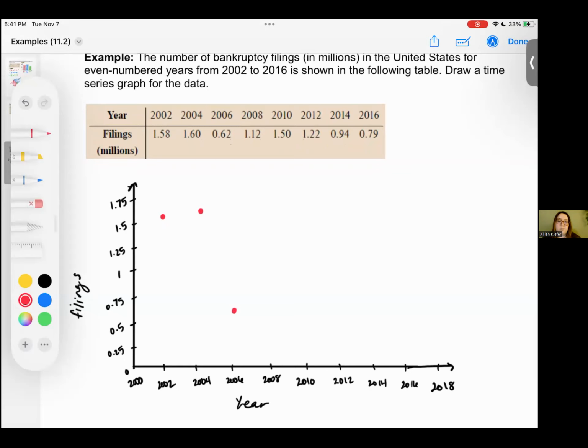Then in 2008, we have 1.12, so probably between 1 and 1.25. So right around here. Then we have 1.5 exactly in 2010, so we want to line that one up as best as we can. Then we have 1.22 in 2012, just below 1.25.